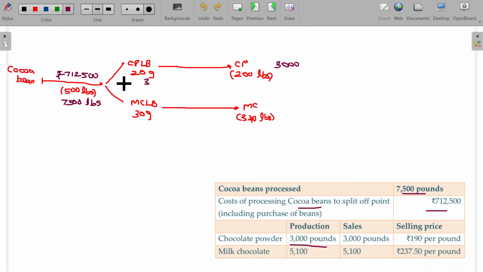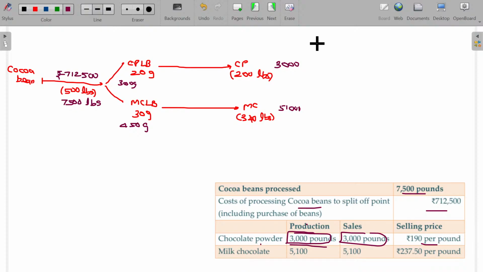Okay, 300 gallons. This 30, 15 times higher means 450 gallons. This 340, 15 times higher means 5,100 pounds. So chocolate powder 3,000 pounds produced and sold. All the units produced are sold, there is no closing stock, no need to worry about it.